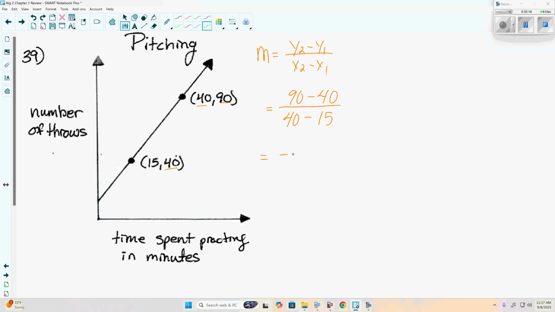90 minus 40 is 50. 40 minus 15 is 25. And 50 over 25 is 2. Now at this point here, to find the equation of a line, we can use our point slope form.